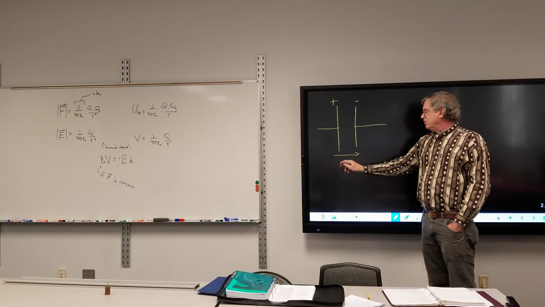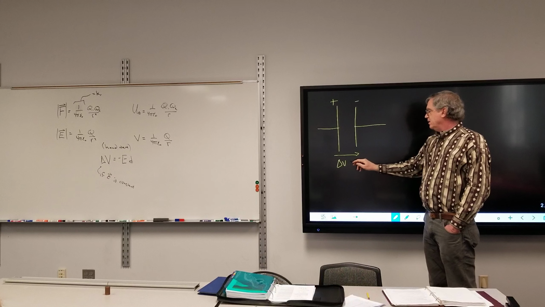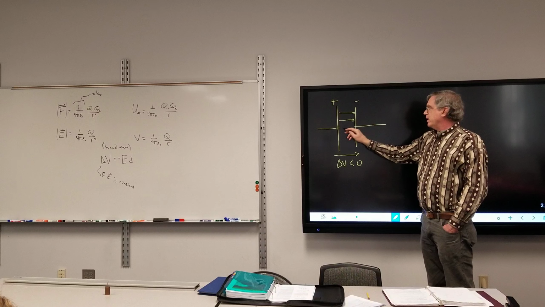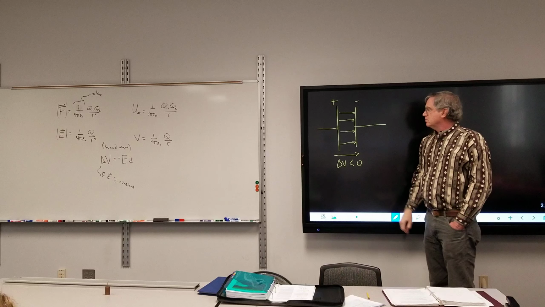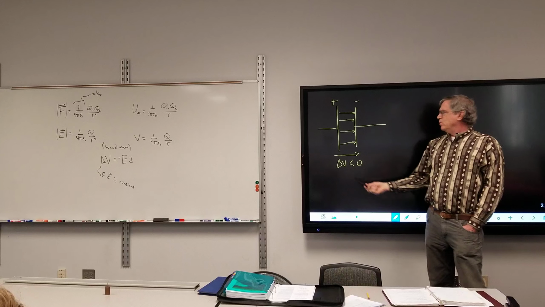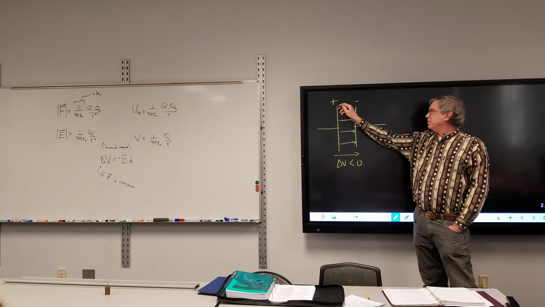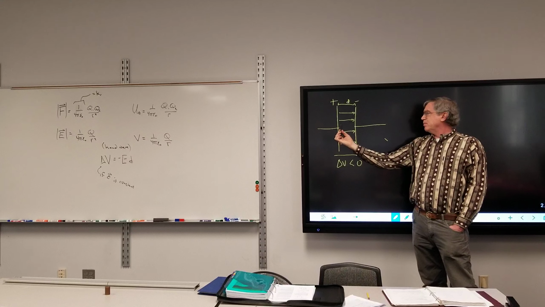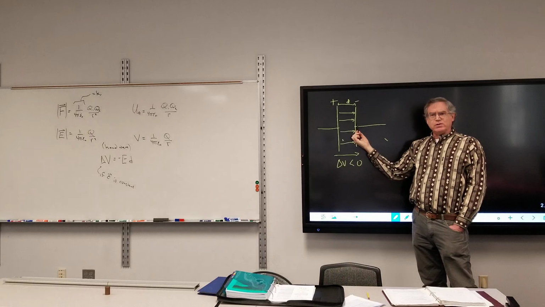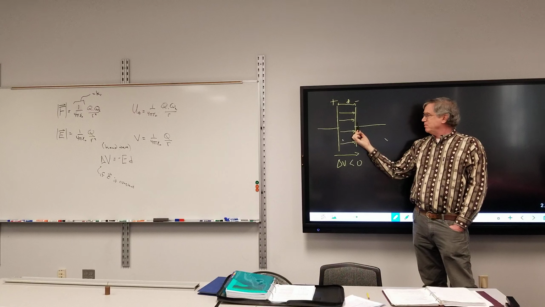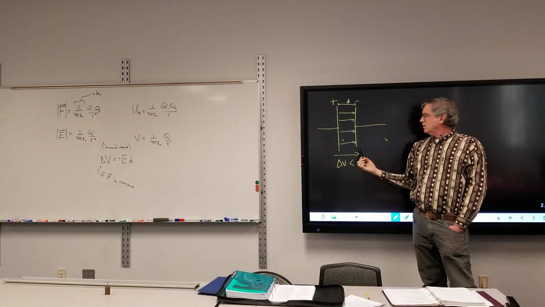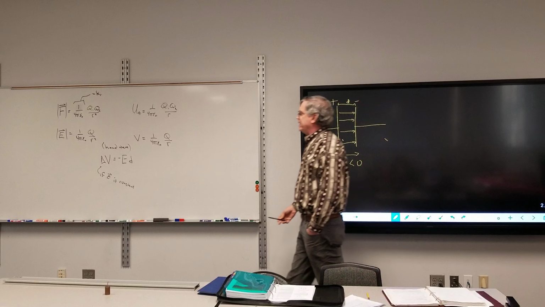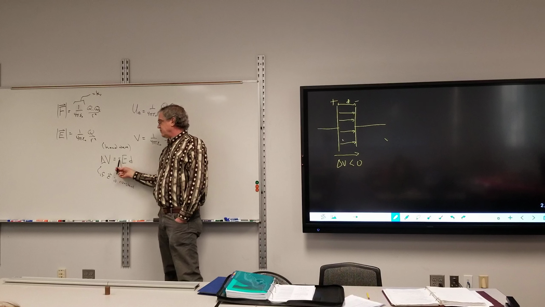So my delta V going to the right is less than 0. My electric field goes to the right, from positive to negative. So if I take the distance between here and here and multiply times the electric field in that direction, I'm going to get a positive number. But my change in potential is negative, and so we get that minus sign right there.